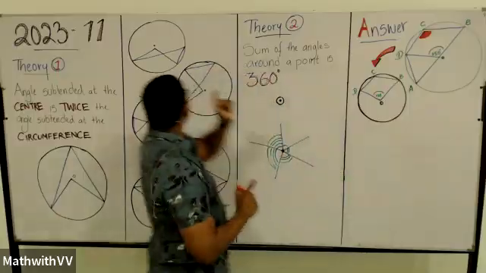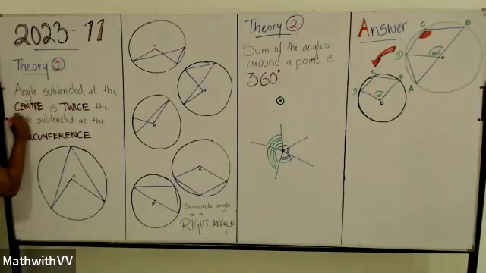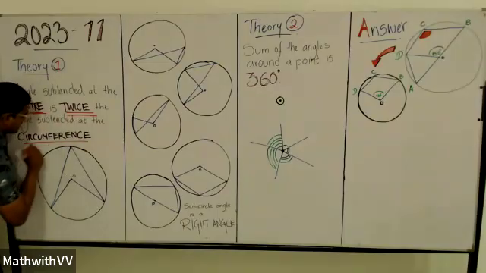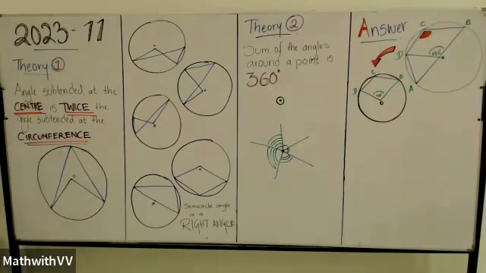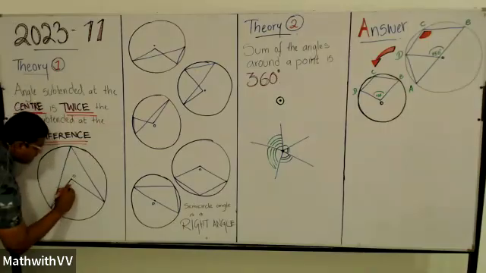What is it? That is this. Angle subtended at the center is twice the angle subtended at the circumference. What does that mean? This is the center of the circle.